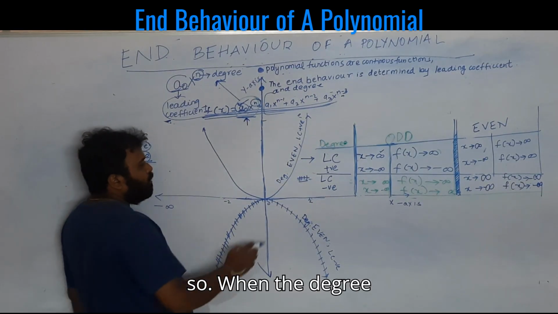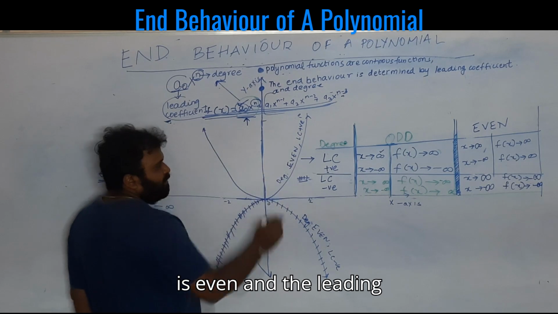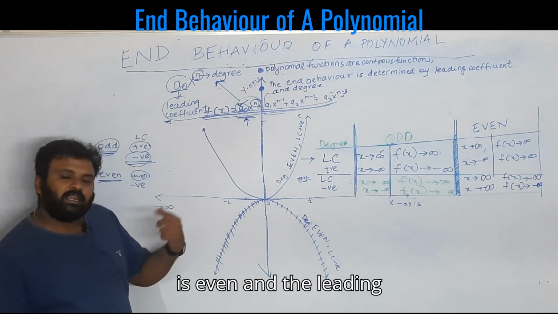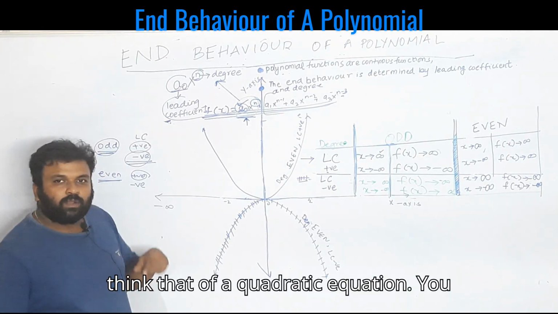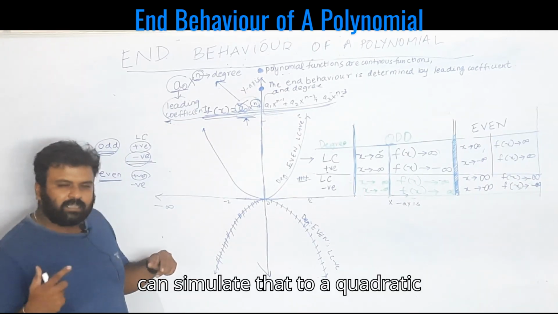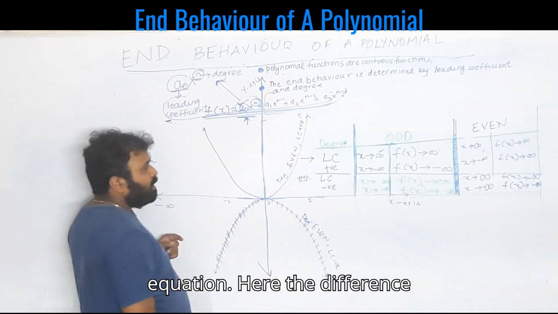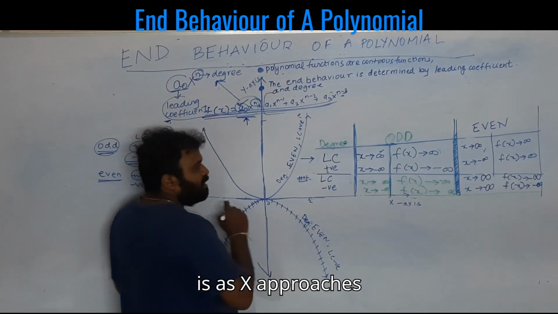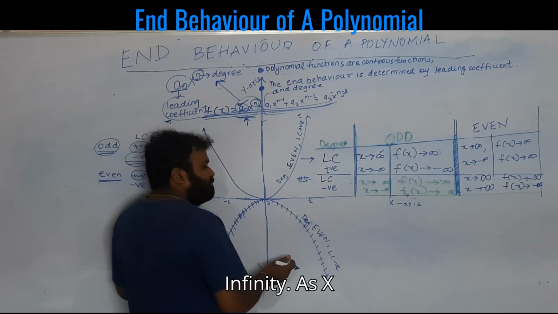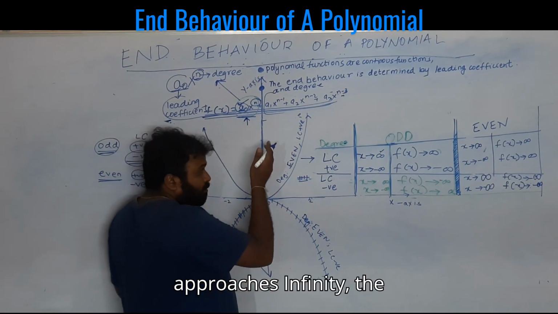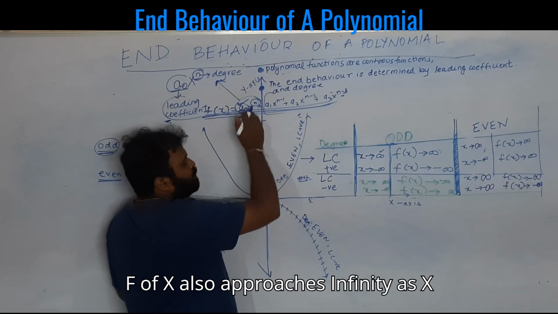When the degree is even and the leading coefficient is positive, you can think of a quadratic equation. As x approaches infinity, f of x also approaches infinity.